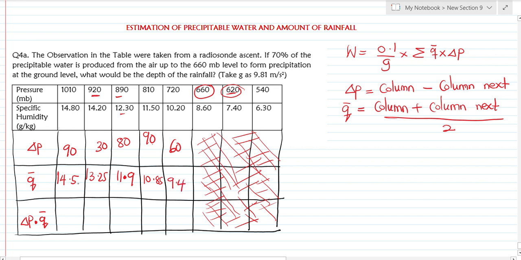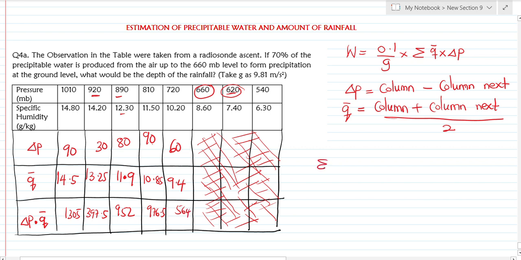So we find the product. 90 times 14.5 is 1305. 30 times 13.25 is 397.5. Then 80 times 11.9 is 952. 90 times 10.85 is 976.5, and 60 times 9.4 is 564.